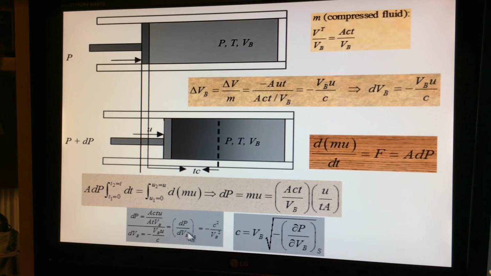If I just simplify this and write it, what you see in here is c is simply given by Vb times the square root of this term as shown. That's just rearranging this equation and solving for c. You can see that this is Vb squared, and I took the square root of it, so it's Vb, and that's why it's outside of the square root, and everything else is the same.